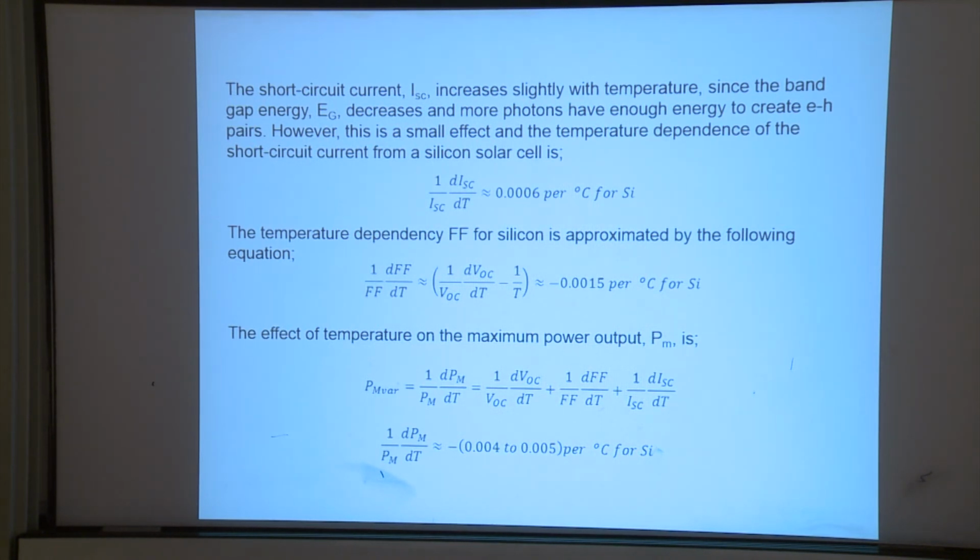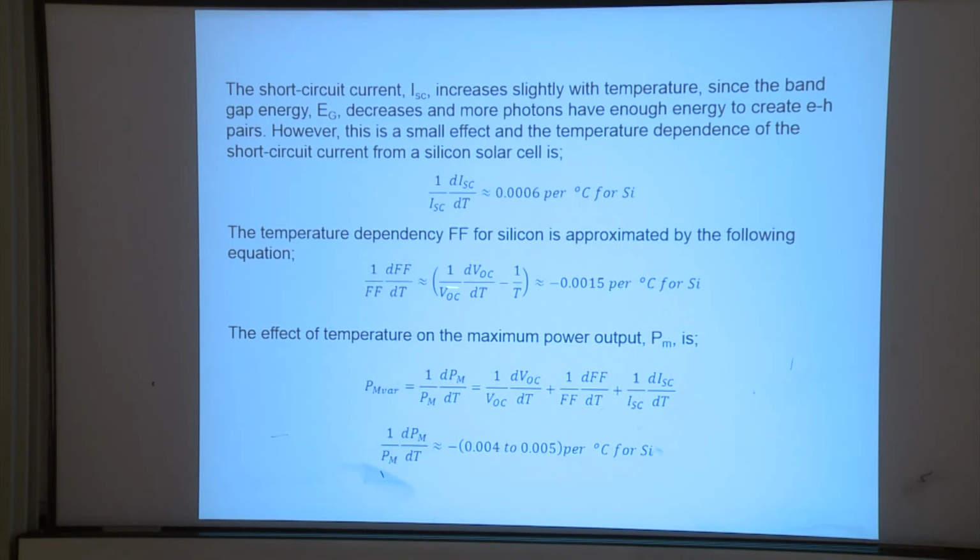Maybe still stay at the same current, but if you are very strict, then it will increase. Okay? But this increase in current cannot afford the decrease on VOC. So still, even though ISC increasing in temperature, we still need to choose low temperature to have high output of the solar cell.